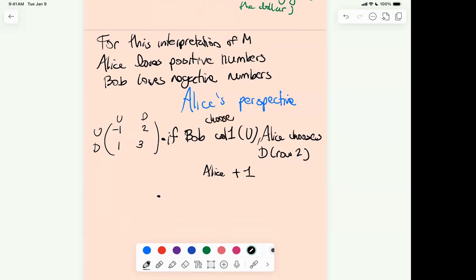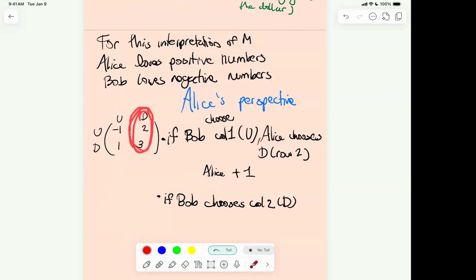Now, again, we're Alice, exploring all the cases. What happens if Bob chooses column two, meaning he decides to play option D? Again, Alice likes positive numbers, so she'll choose D as well, because that would give her three, the highest number she could gain.